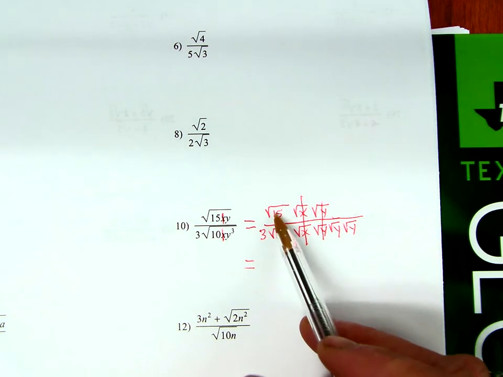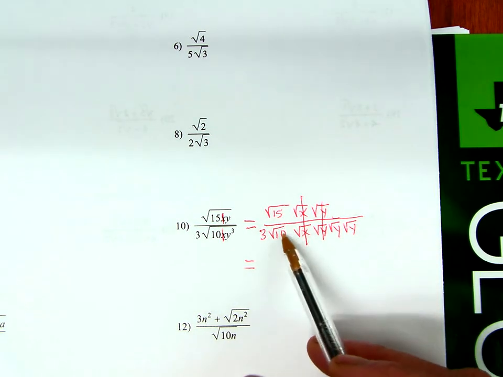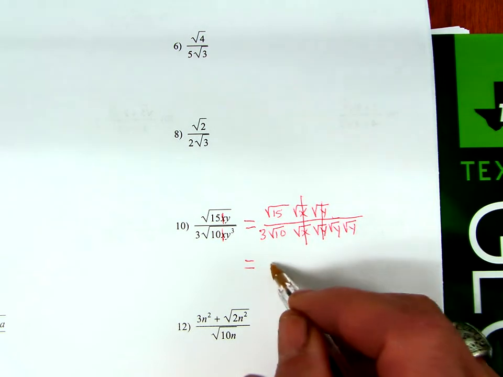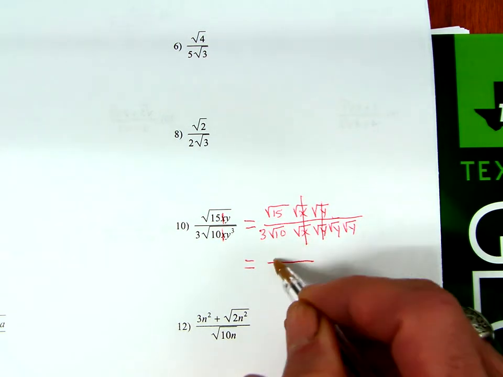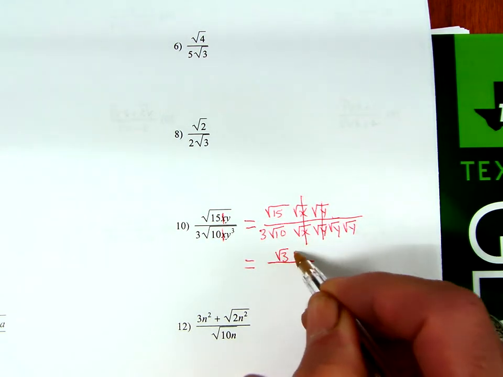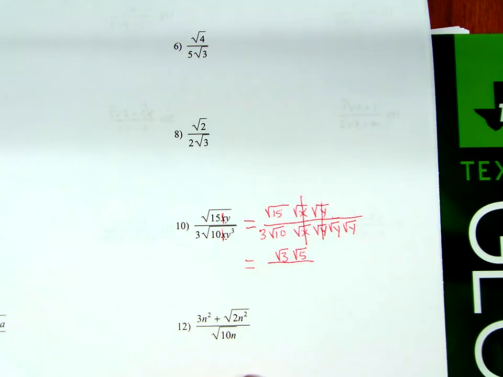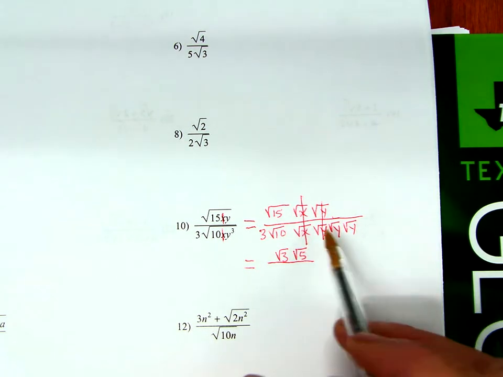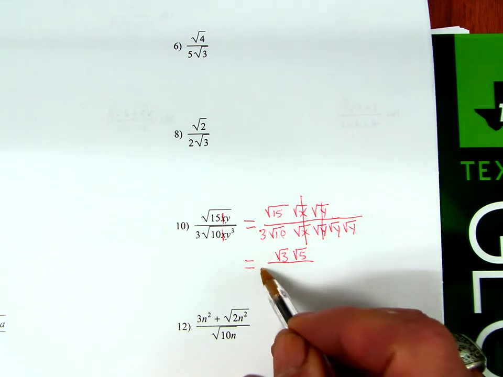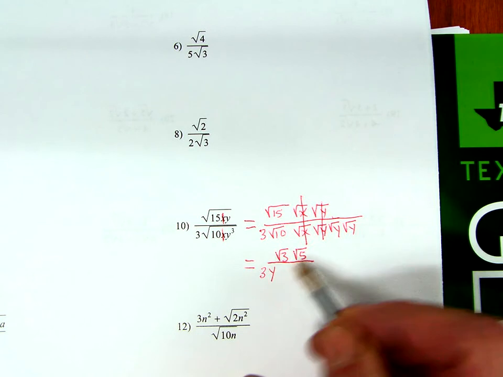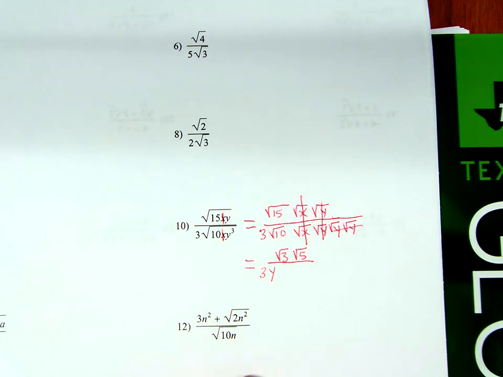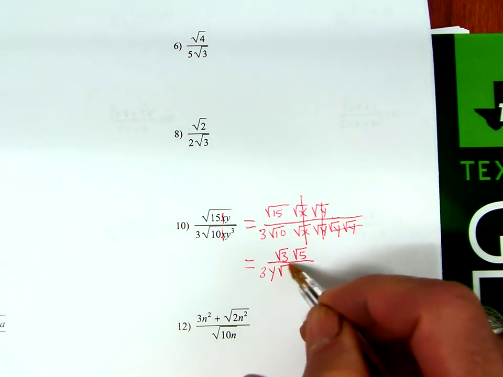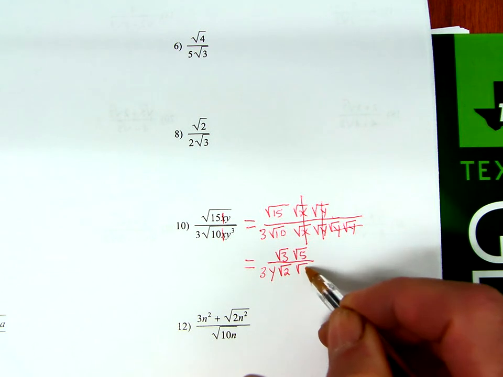I'm going to go ahead and factor this and this as I go along. So on the top, I'm going to have the square root of 3 times the square root of 5. And on the bottom, I've got 3, my y from right there, square root of 2 times square root of 5.